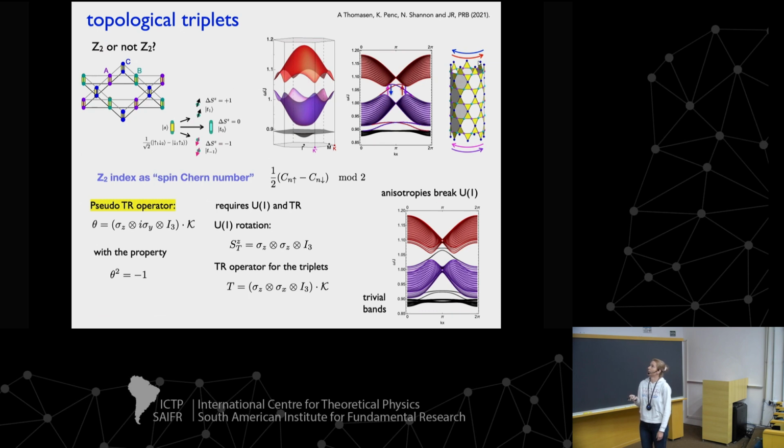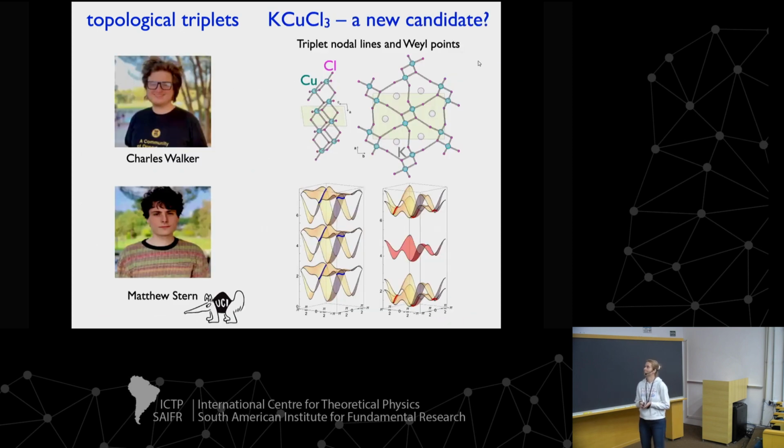Right. So with that, we were curious, can we have other types of topologically non-trivial band structures? We went back to work on real materials like strontium copper borate, and set out to investigate this family of monoclinic systems, where one of the members is potassium copper trichloride.